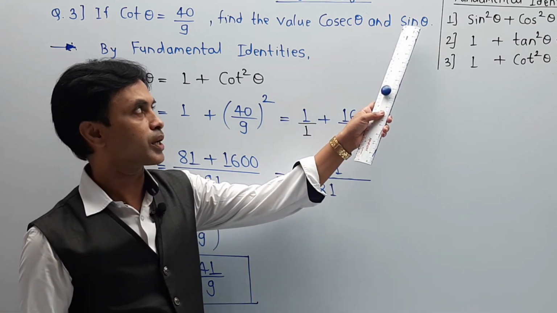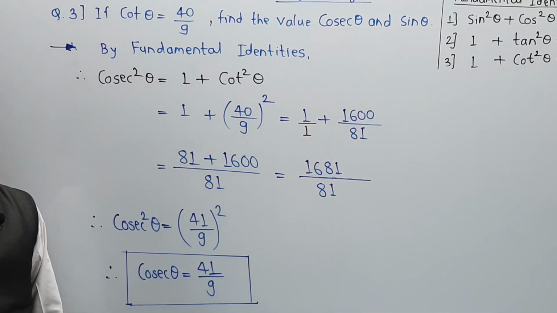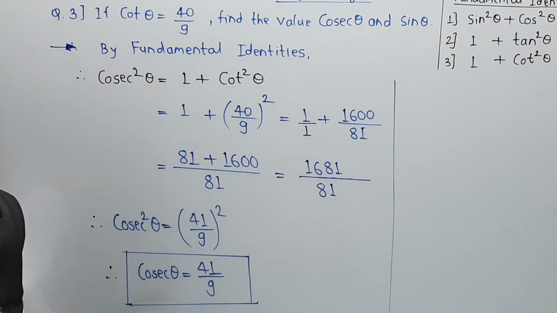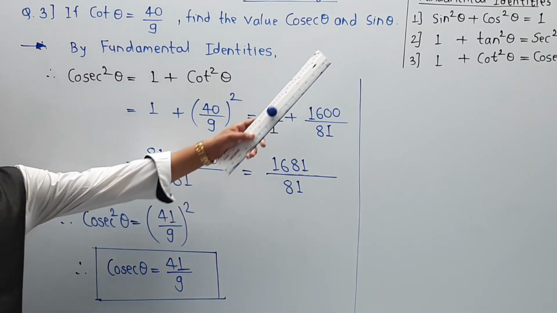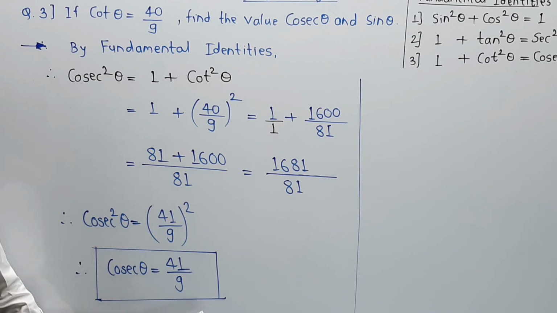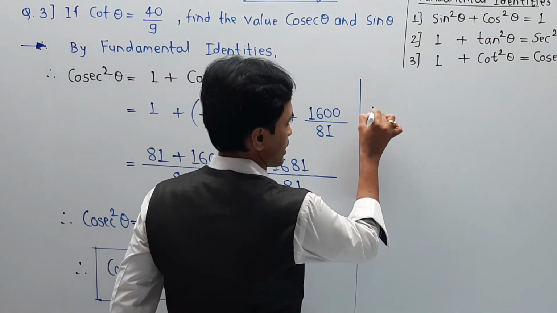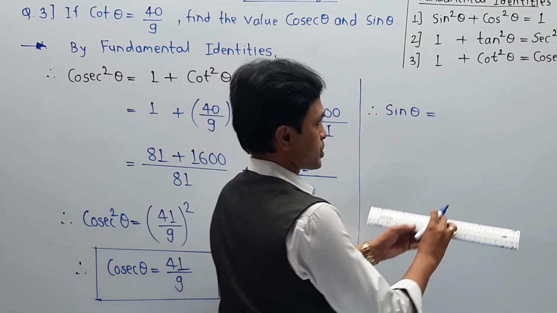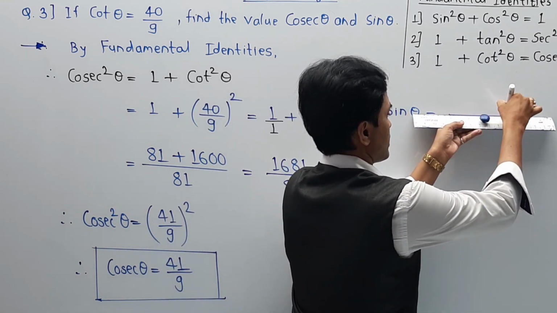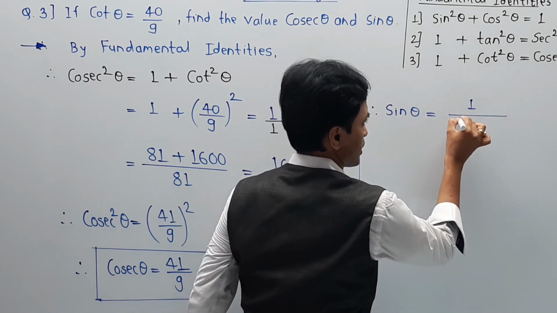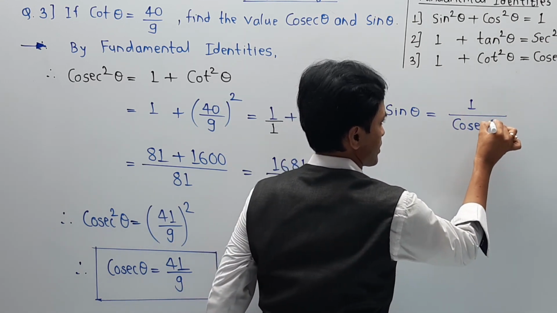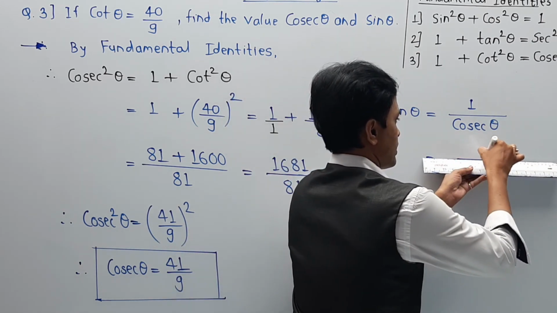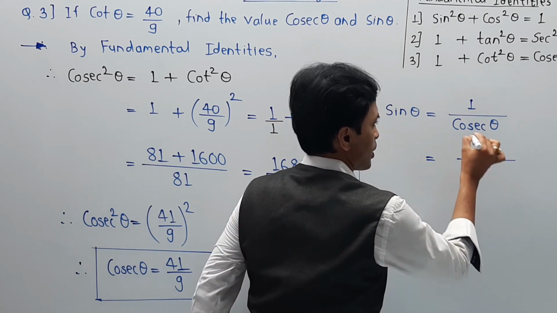Still, we are also interested to calculate the value of sin theta. Now remember, in calculation of sin theta, sin theta is a reciprocal of cosec theta. I repeat, sin theta is a reciprocal of cosec theta. So using that property, sin theta is equal to 1 upon cosec theta.